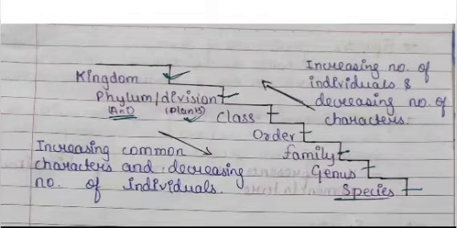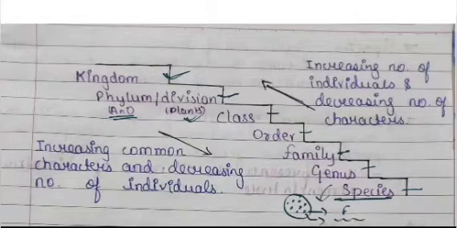Species can be defined as a group of similar living organisms which compete among themselves for survival and also reproduce among themselves. It is the basic level of classification, and it is also real, as it has most of the common characters.